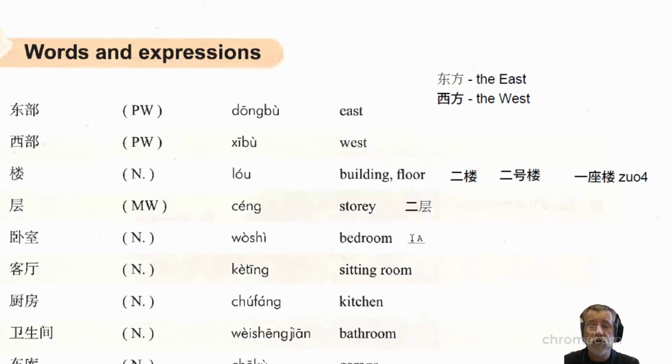Now, moving on, we've got bedroom. 卧室. So the first character here, 卧, is going to come up again in the next lesson on Chinese Island, where you guys have to go to the railway station to buy railway tickets.